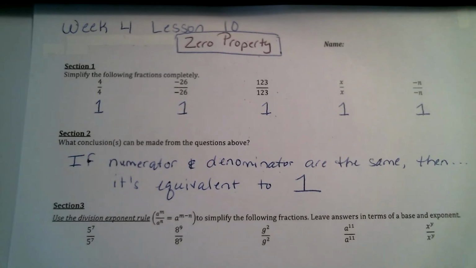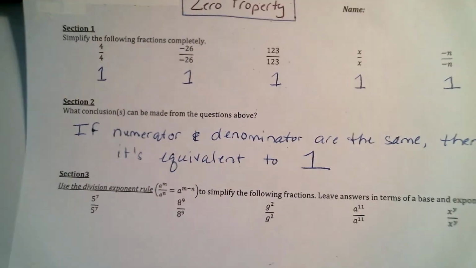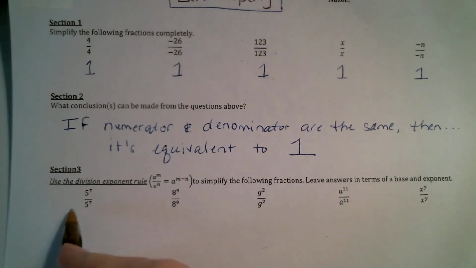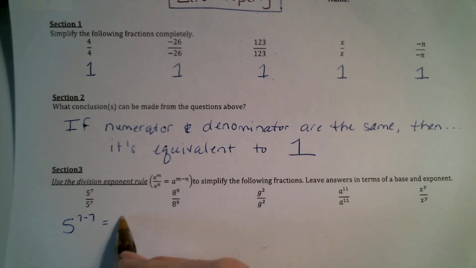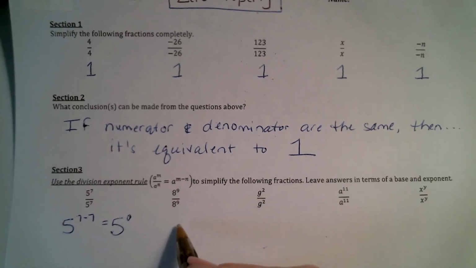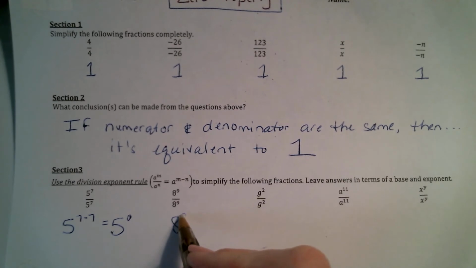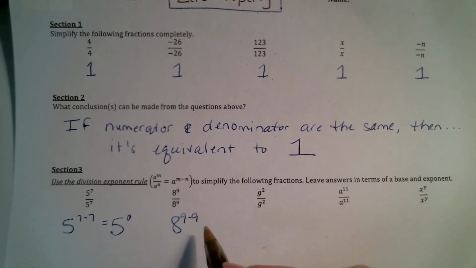The subtraction, we keep the same base, so 5 to the top minus the bottom. Here, same base, numerator minus denominator exponent.